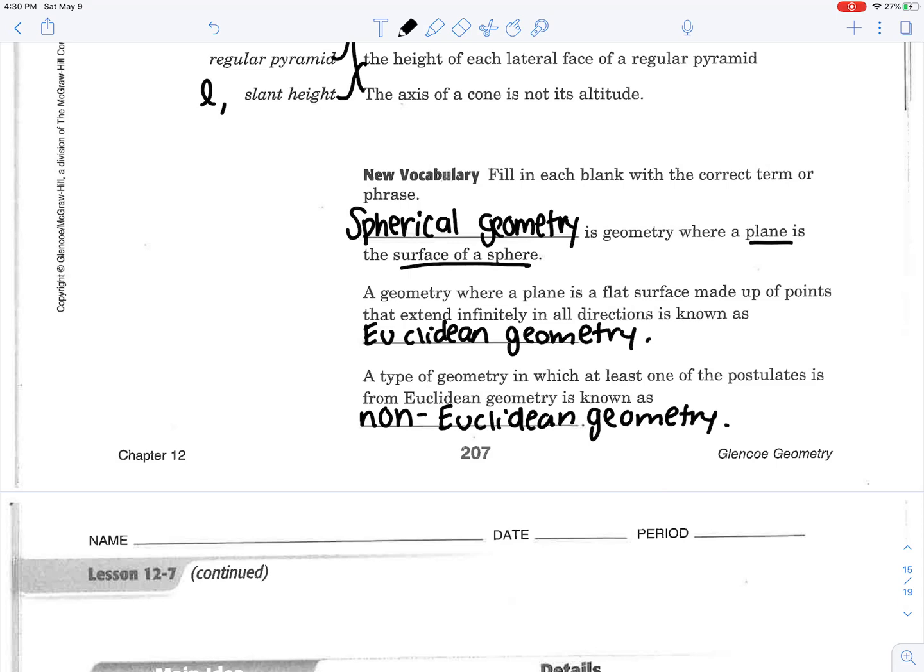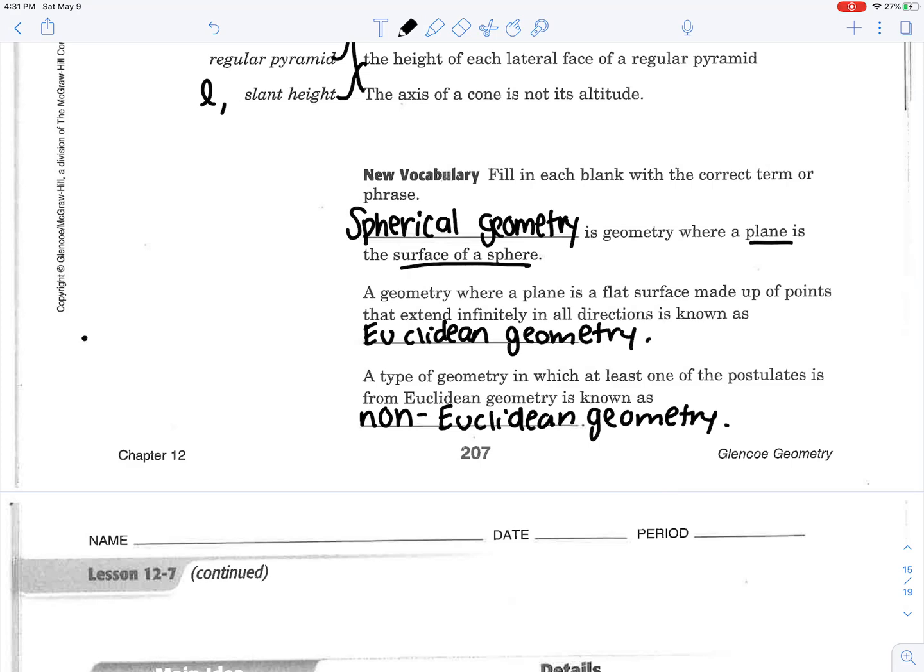So everything we've been studying before is not spherical geometry. We've been in either Euclidean or non-Euclidean geometry. So we've determined that a plane is a flat surface. We're now moving into a section talking about spherical geometry, where the plane is the entire surface of that sphere.